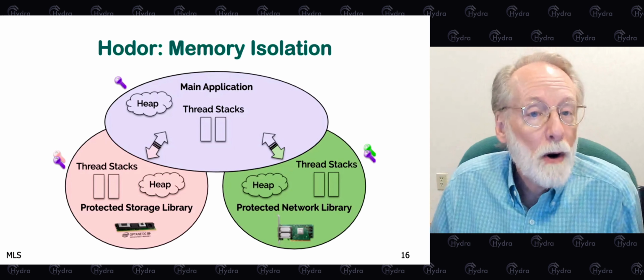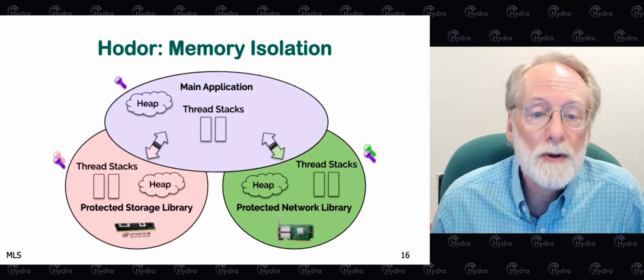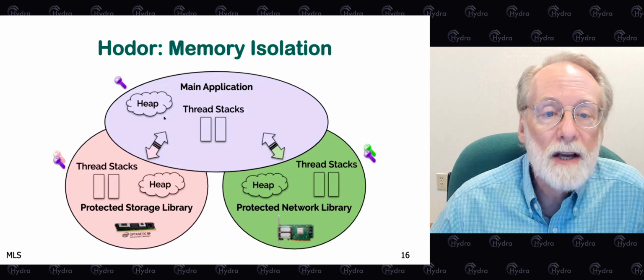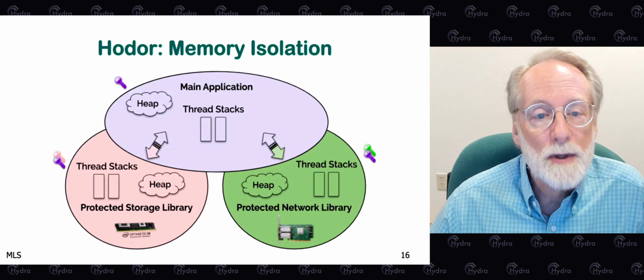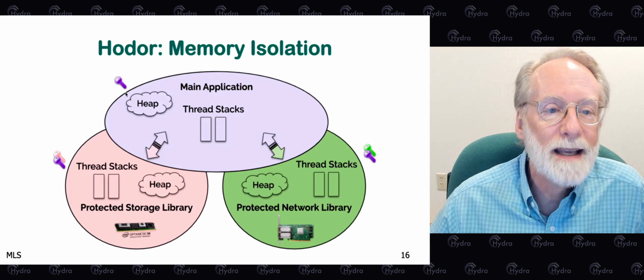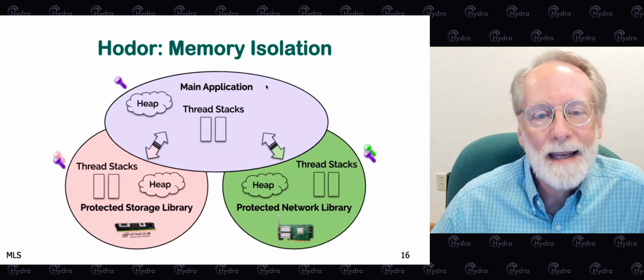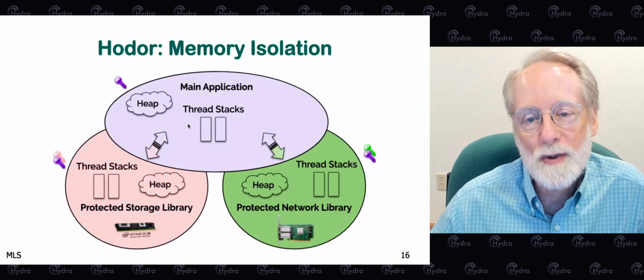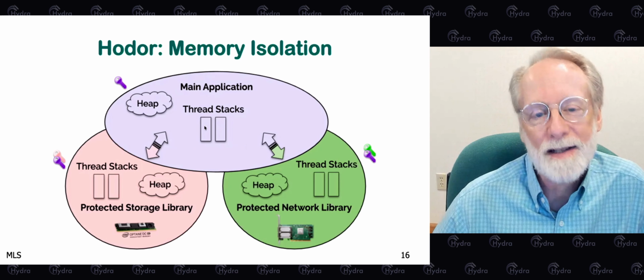So going back to our Hodor picture, we have a main application and 2 libraries here, and we can choose to associate protection keys with them so that when the main application is running, its data accesses to its own data have the protection key that I've drawn in purple here, meaning that code that's running in this application, while it's running, will choose to set up the PKRU so that only purple data can be accessed.